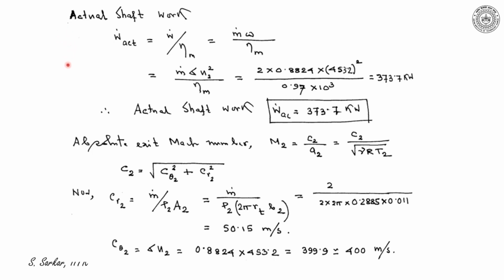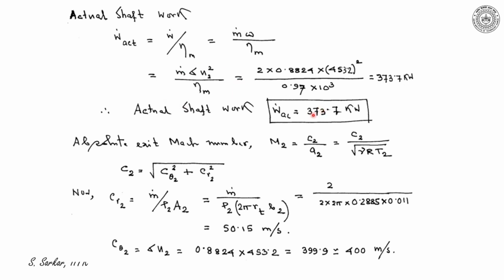After evaluating the impeller outlet radius, let us calculate the actual shaft work as W dot actual, which would be equal to W dot divided by eta m. This W dot would be equal to m dot into small w divided by eta m. Small w being the specific work input, which would be equal to sigma into U2 square. Thus, W dot actual would be equal to m dot sigma U2 square divided by eta m, being the mechanical efficiency.